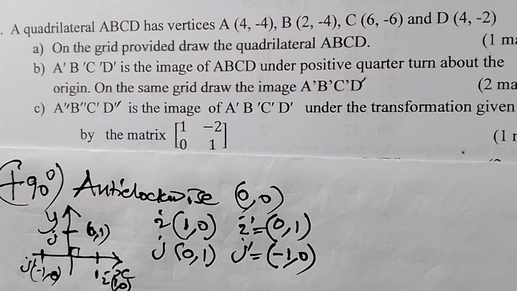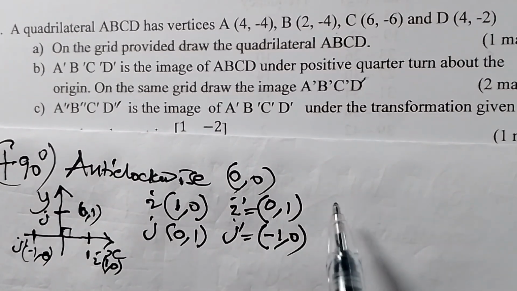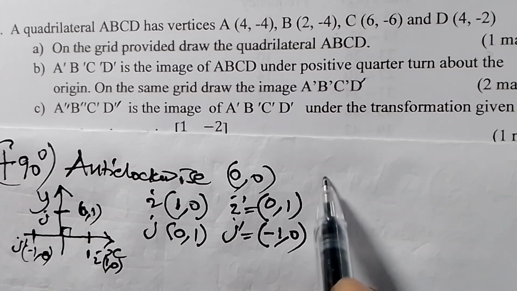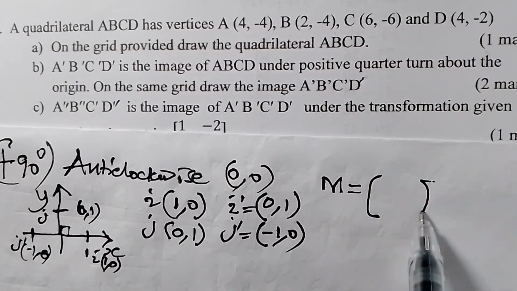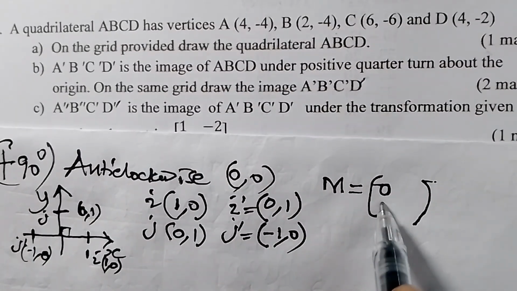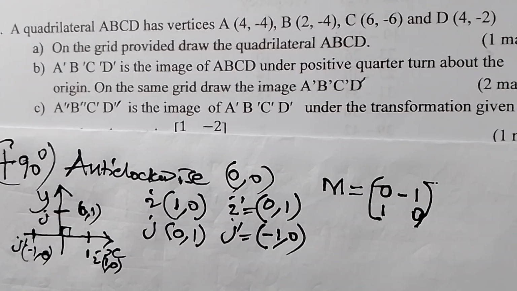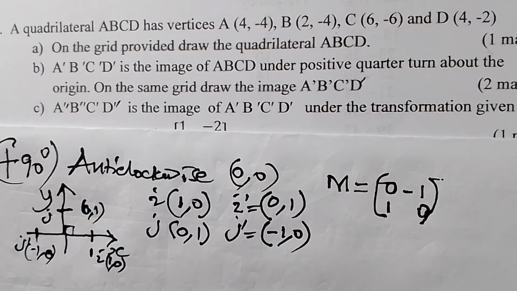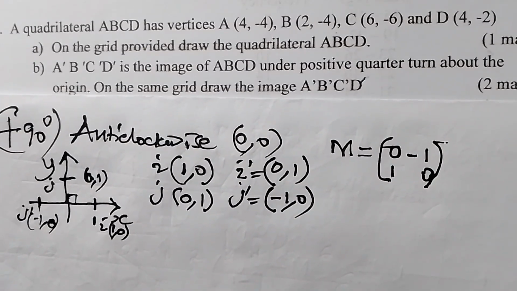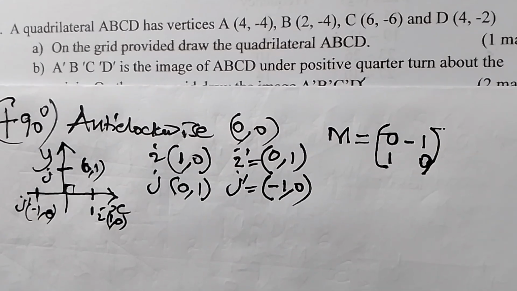So to get our matrix of transformation, let us call it M. M now will be given by (0, -1; 1, 0), with I1 and J1 as its columns. So that is our matrix. Now we use that matrix to get the image points A1, B1, C1, D1.